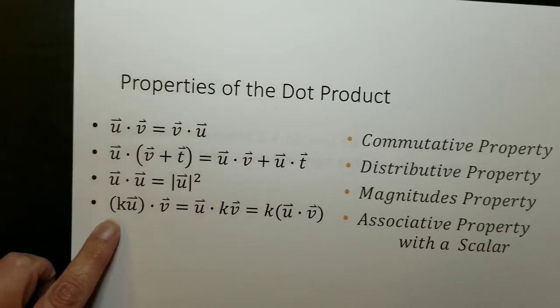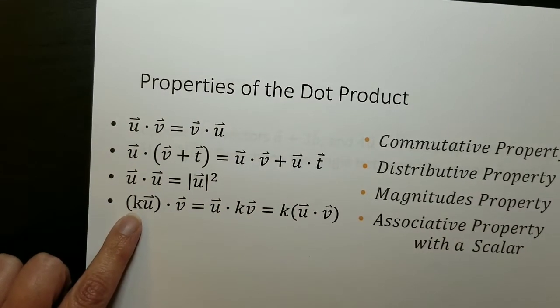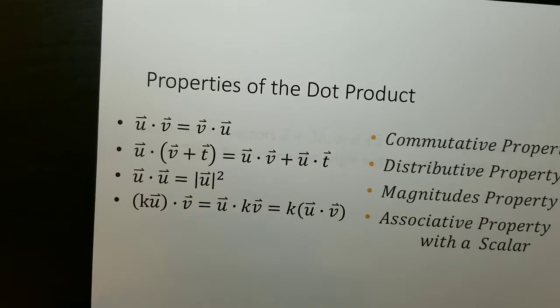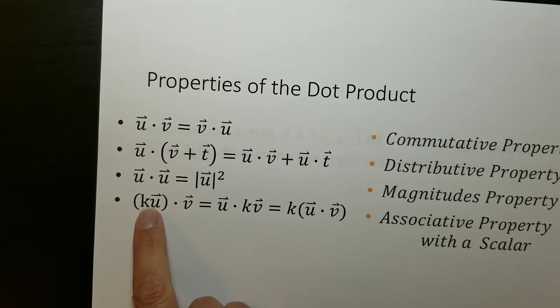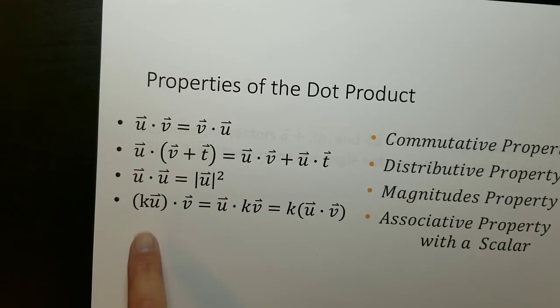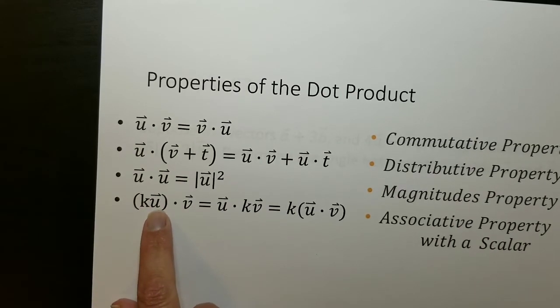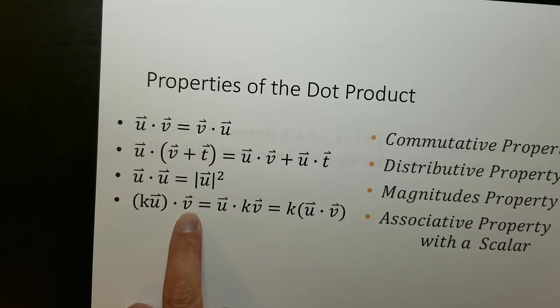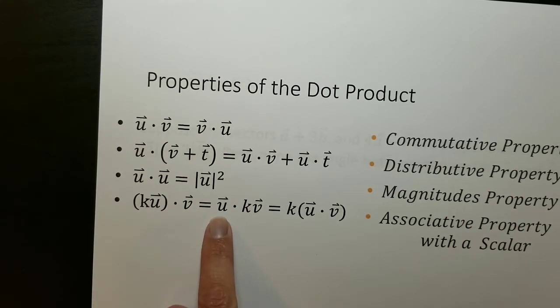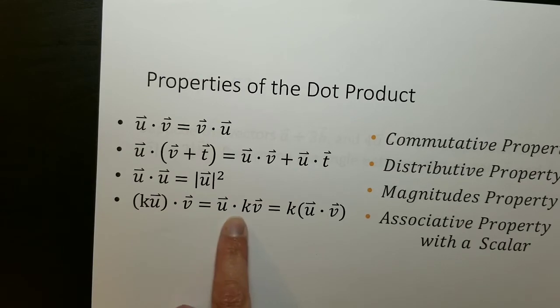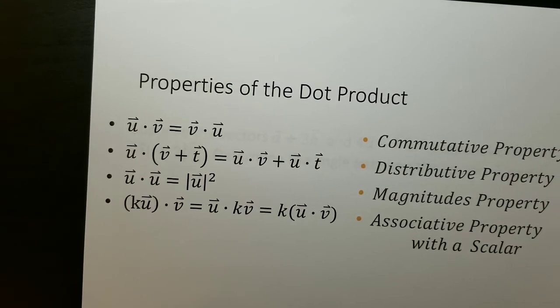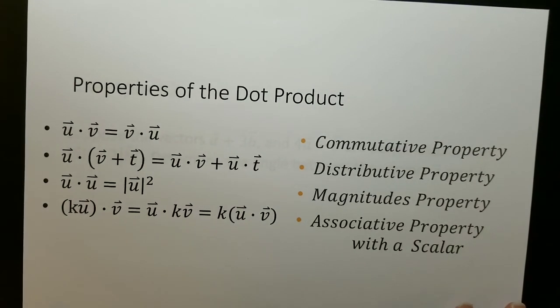And if you wrote this one out, either way, you're going to have a factor of k in your dot product formula. It would be the k value times the magnitude of u, then times magnitude of v cos theta. Here it would be magnitude of u times k times magnitude of v. Because it's just all those elements multiplied, the order of that multiplication doesn't matter, and that scalar could get multiplied in wherever it wanted to.